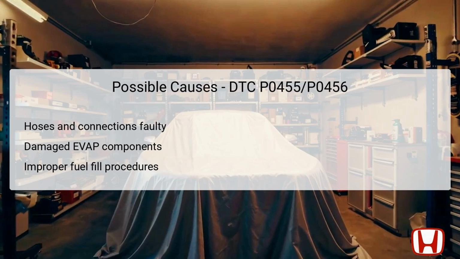Another significant factor may include improper fuel fill procedures. For instance, overfilling the fuel tank can lead to liquid fuel entering the vapor lines, creating potential loss of pressure or blockage. Thoroughly inspecting each of these areas is necessary to determine the root cause of the detected leaks.